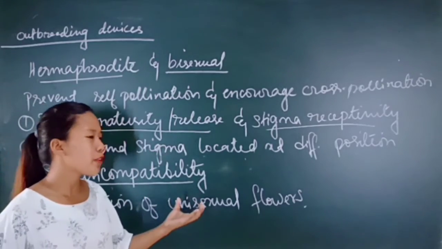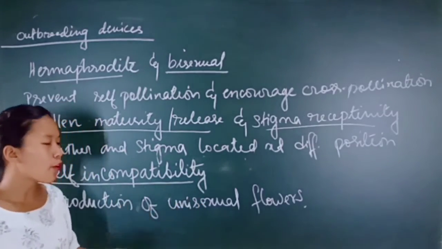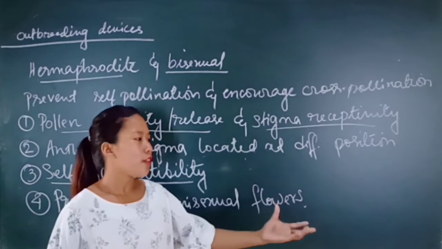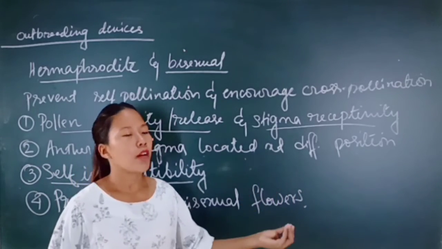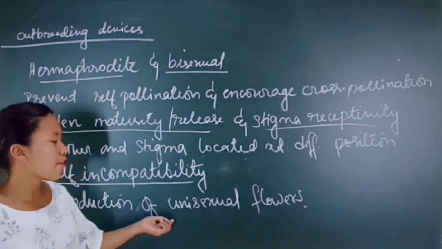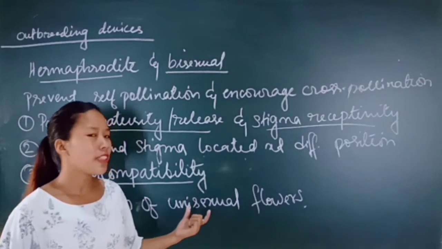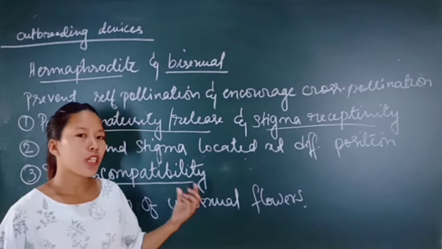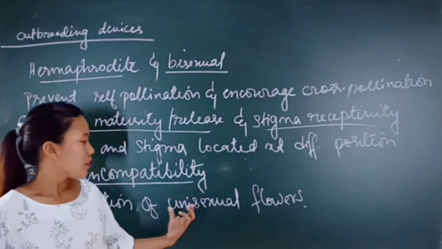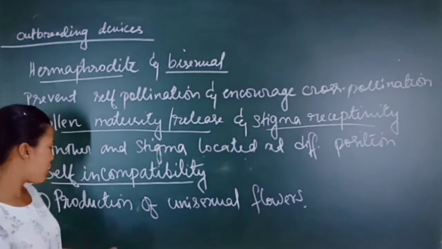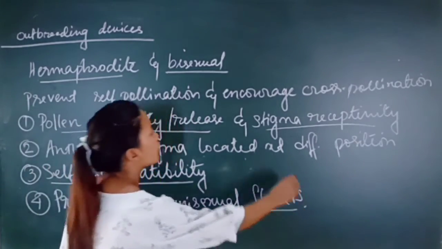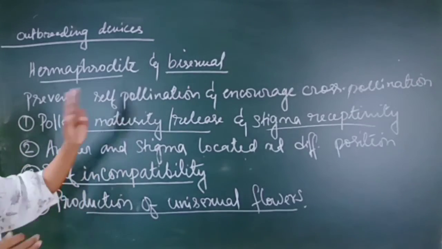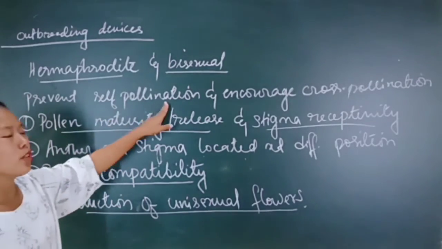Either the flower will be a male flower, or it will be a female flower. So in this type of adaptation, they have only one sex or one reproductive organ present in the flower. This is also one of the adaptations to encourage cross-pollination and to prevent self-pollination.